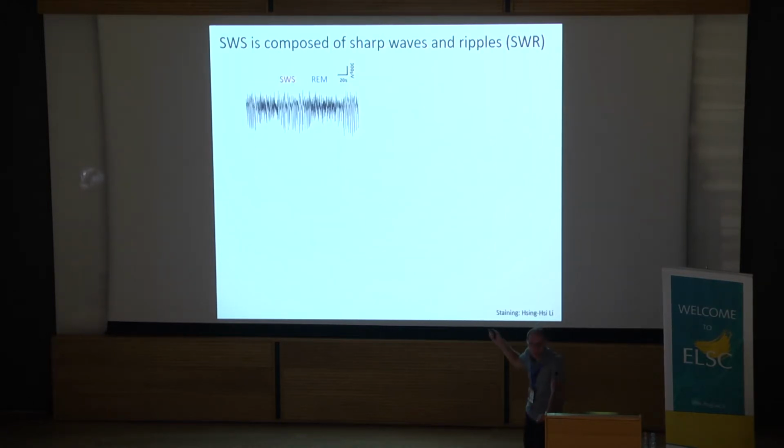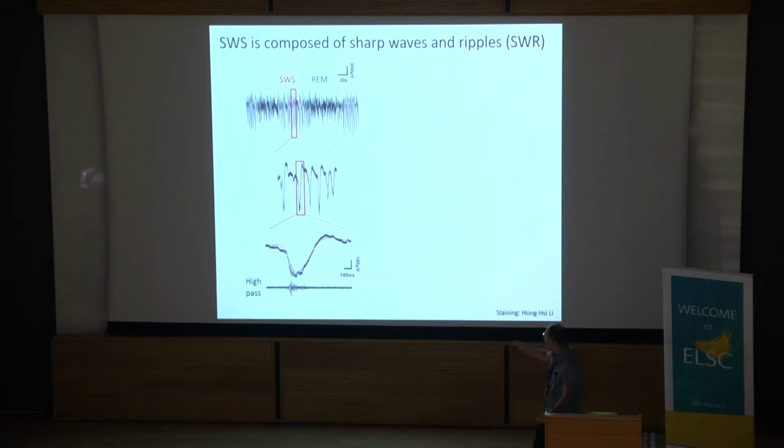Now, if we go back to the data I showed you before and zoom in to the slow wave sleep section, you can see that it's actually made of a series of ripples. And zooming in and filtering, you can see that each of these sharp waves has a ripple on top of it. Okay? And we have thousands of these ripples occurring every night.